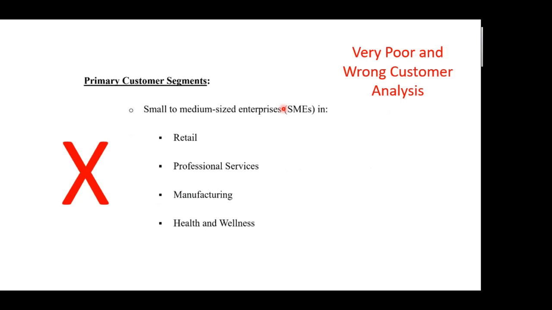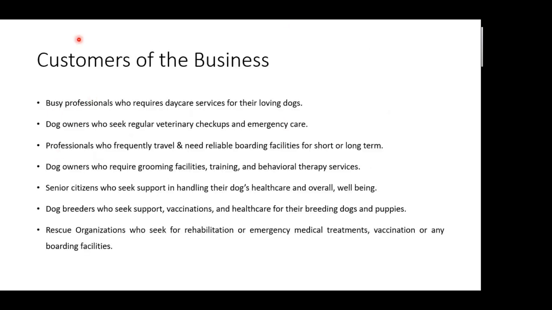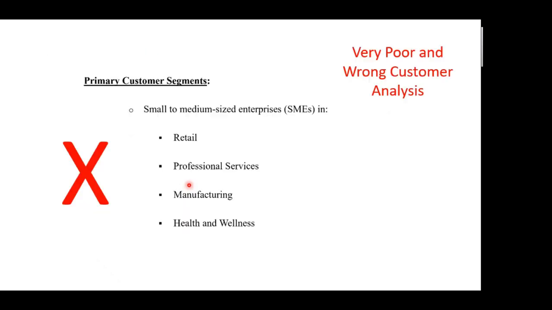And here you see a very poor content. Now here is a good explanation about the customer. And in this report, it's a very poor and wrong customer analysis. See, the primary customer segments. It just says small to medium size enterprises.